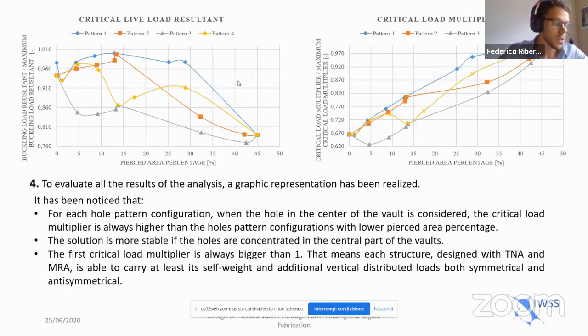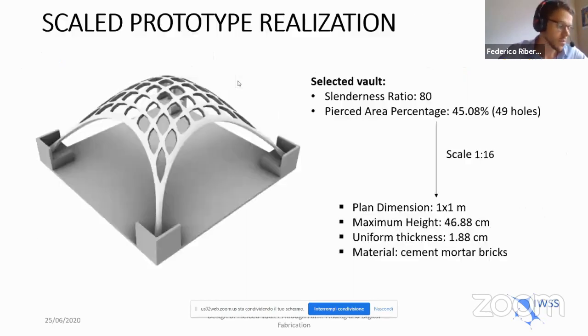Moreover, the first critical load multiplier is always bigger than 1. That means that each structure designed with the TNA and MRA is able to carry at least its self-weight and additional vertical distributed loads, both symmetrical and anti-symmetrical.